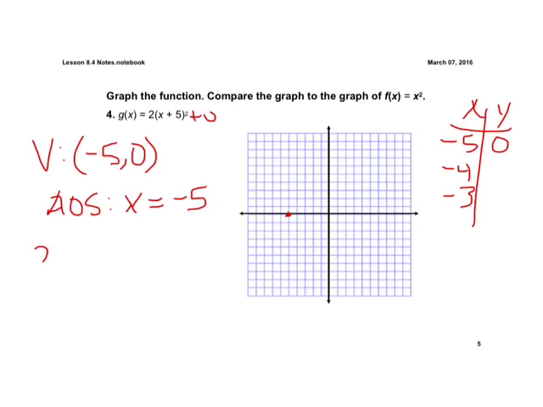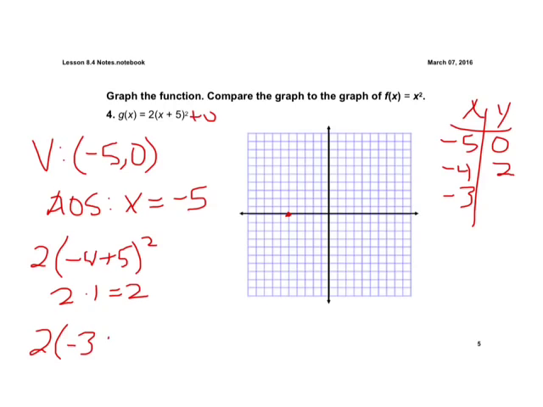If we plug those points in, if we plug in -4 plus 5 squared, well, -4 plus 5 is 1. 1 squared is 1. 2 times 1 is 2. And if we plug in -3, -3 plus 5 squared, -3 plus 5 is 2. 2 squared is 4. 2 times 4 is 8.